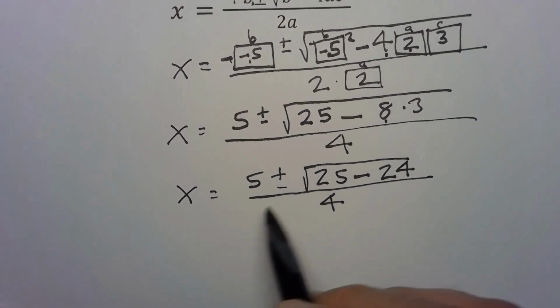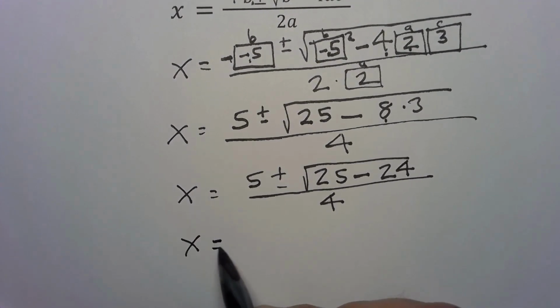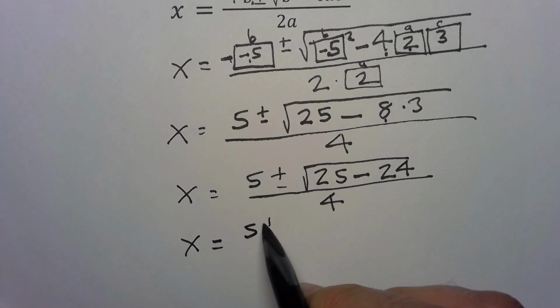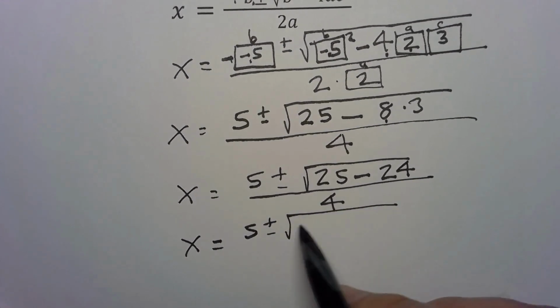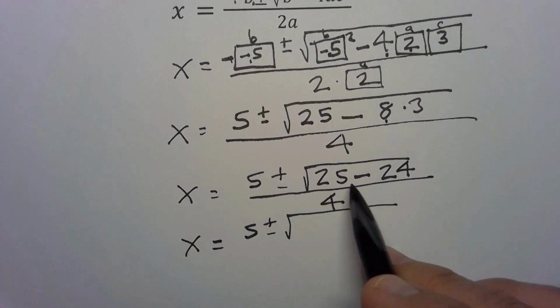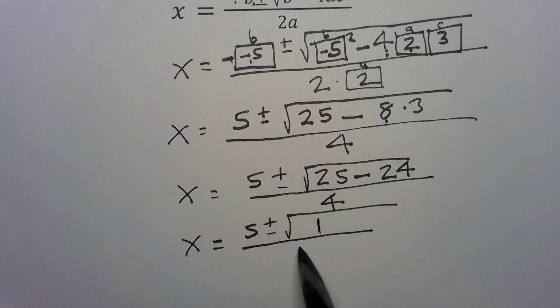Our next step is go ahead and do what's under the radical here. So x is equal to 5 plus or minus the square root of 25 minus 24. 25 minus 24 is 1, all over 4.